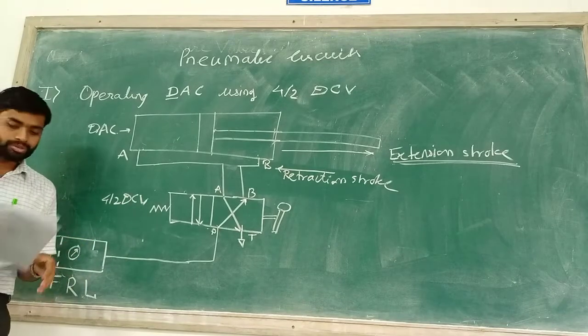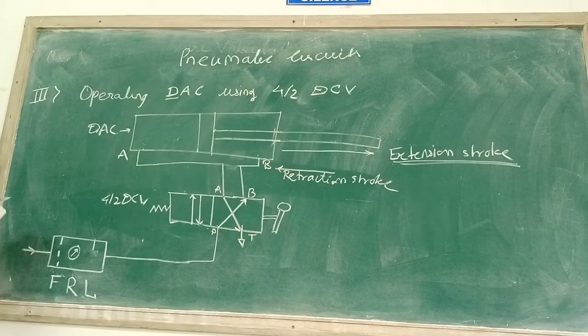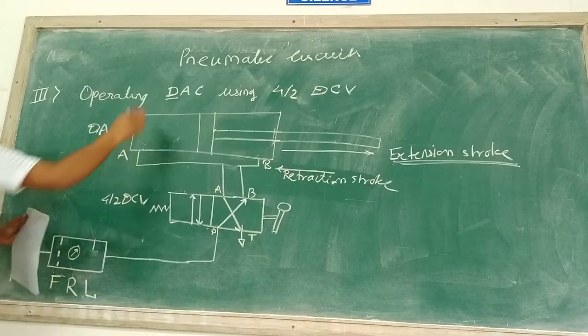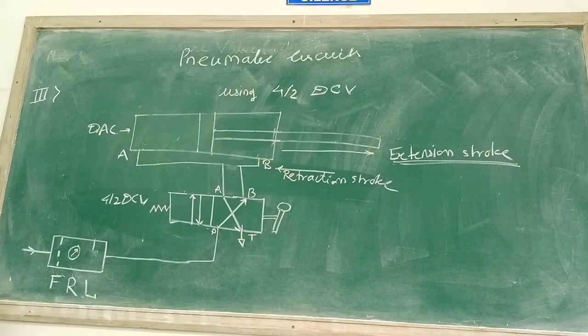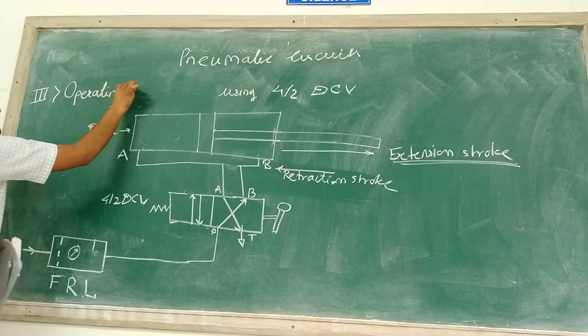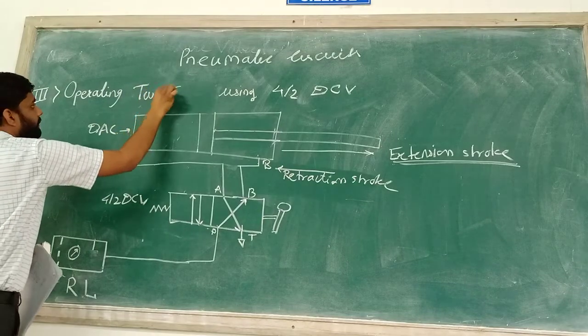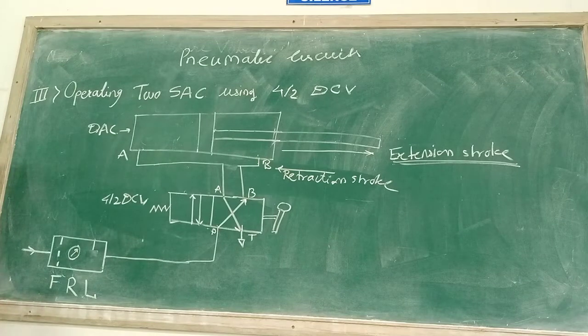Okay. Now we are going to take another pneumatic circuit, which is operating two single acting cylinders using a 4/2 direction control valve.